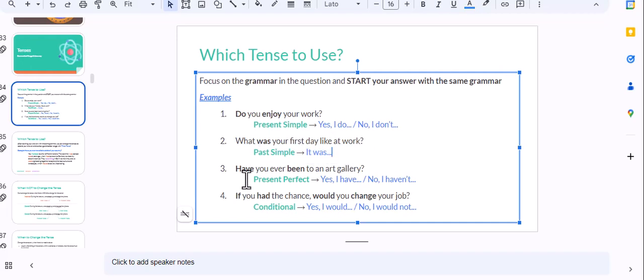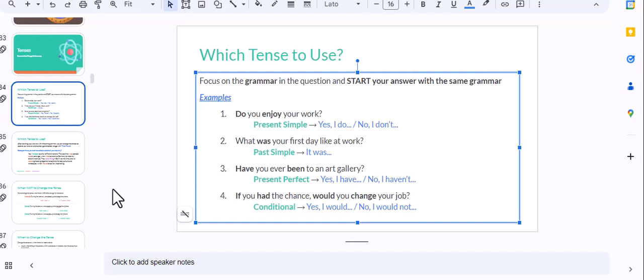Let's move on to the next question here. Have you ever been to an art gallery? So here we are using the present perfect. So of course your answer is going to be related to the present perfect, which is I have never been to an art gallery before, or I have visited an art gallery before.